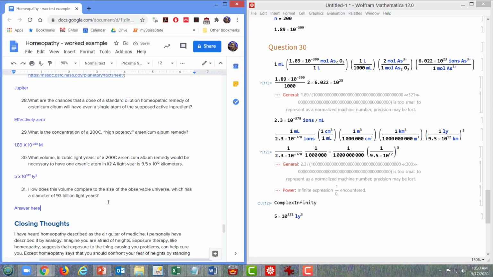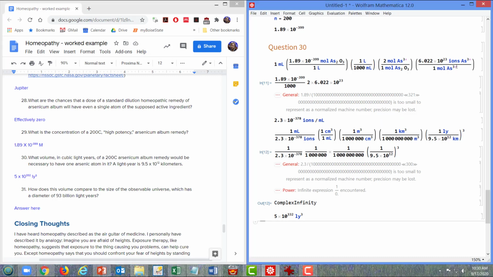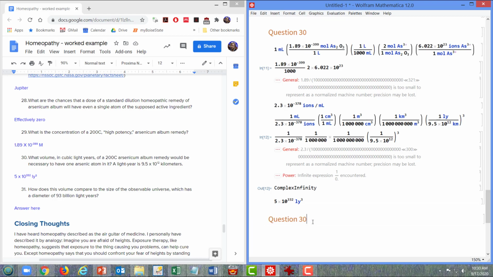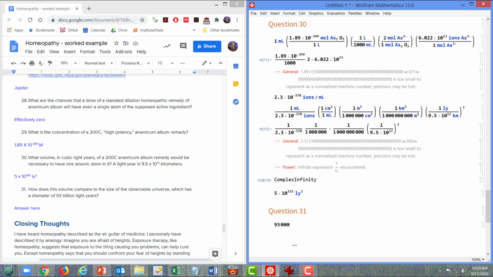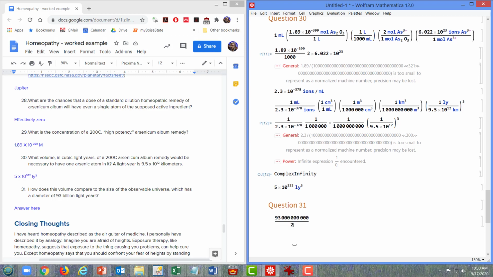Now, final question. How does this volume compare to the size of the observable universe, which has a diameter of 93 billion light years? Well, so this is going to be question 31. If we have a diameter of 93 billion light years, we divide that by 2 to get the radius.